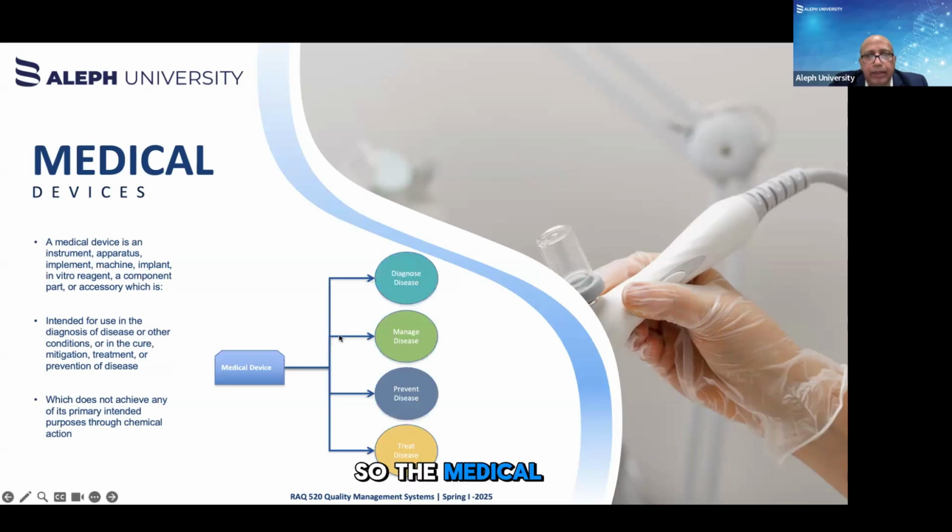So the medical device can be used to diagnose diseases, to manage diseases, to prevent a disease, or to treat a disease condition. So that's the definition of a medical device.